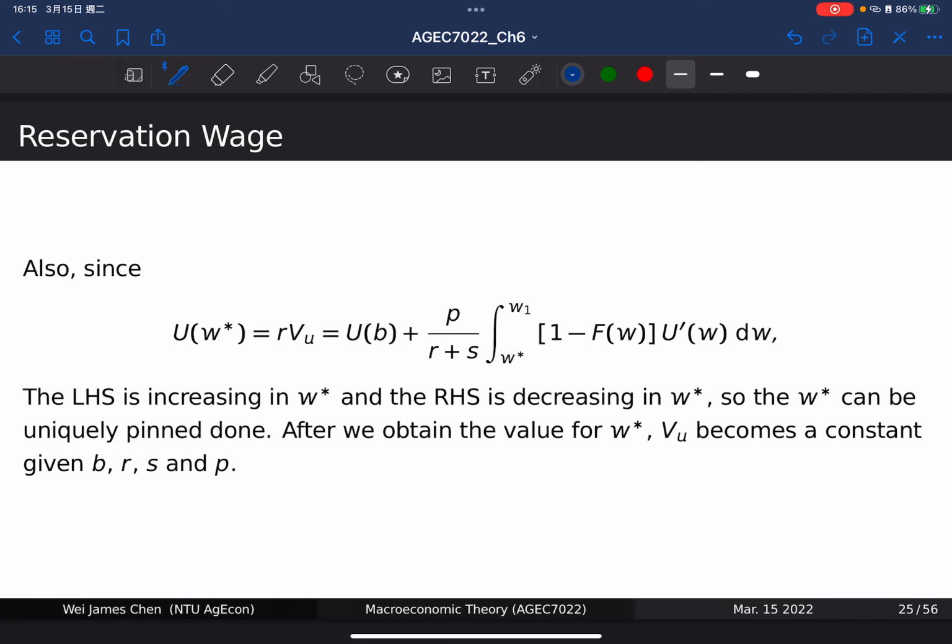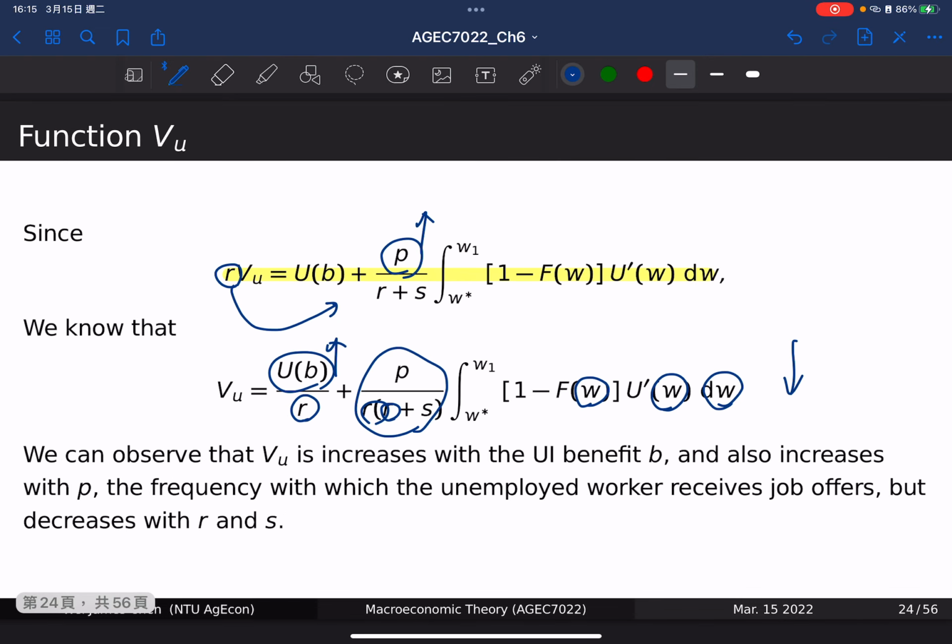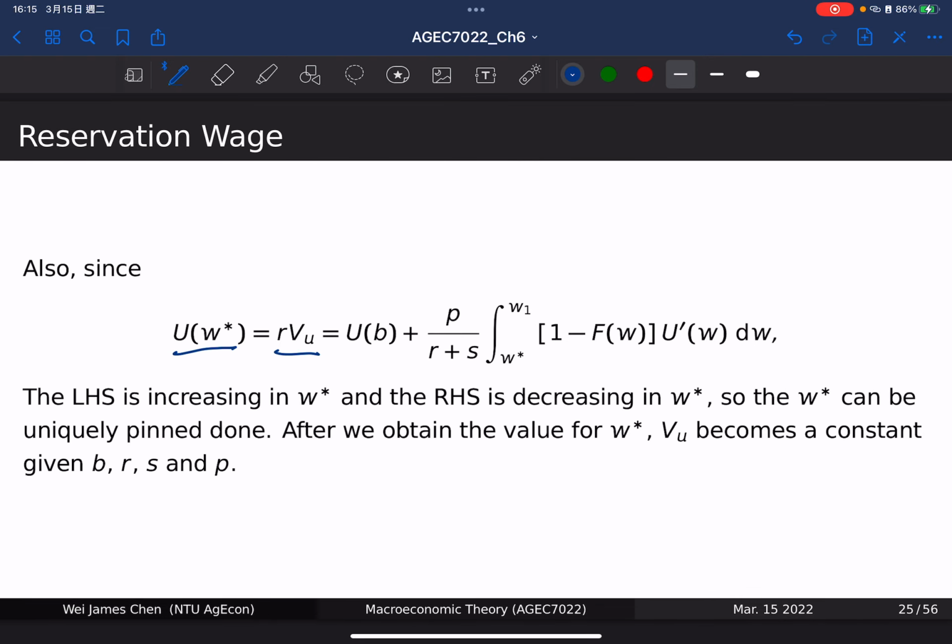Let's come back to the reservation wage. Recall that u of w star equals r VU. That's what I get from the first part of the lecture. If you don't remember, I have something there like this.